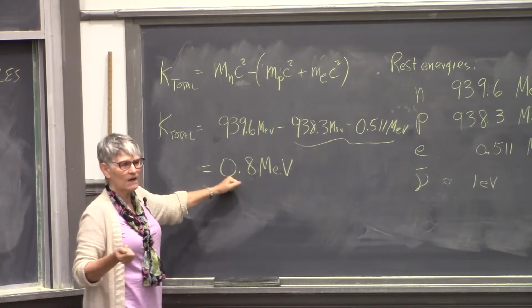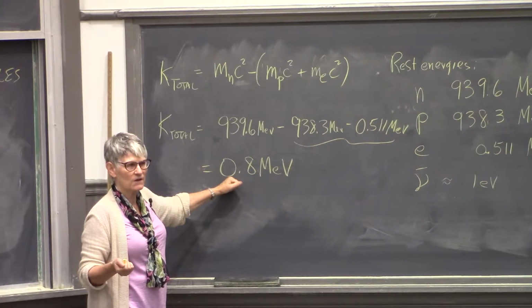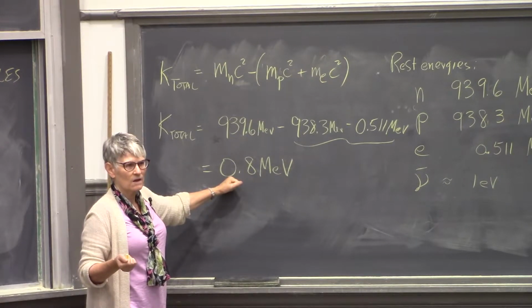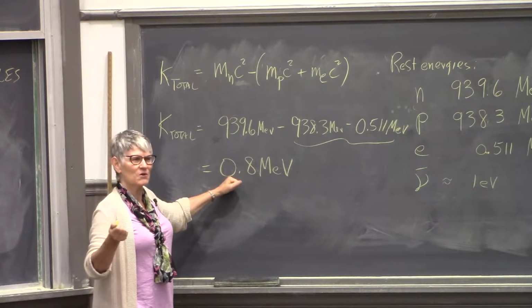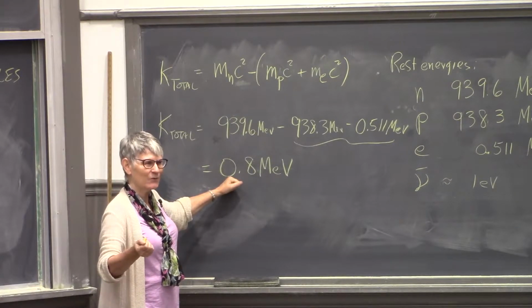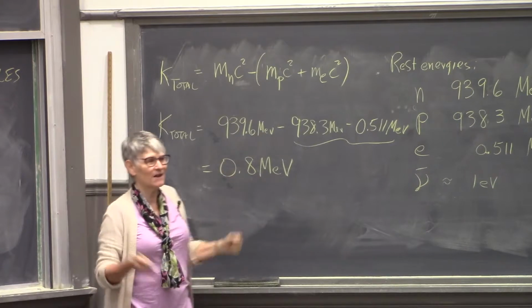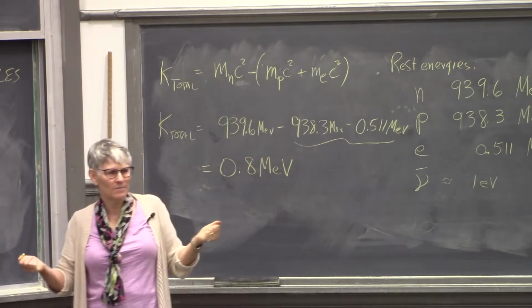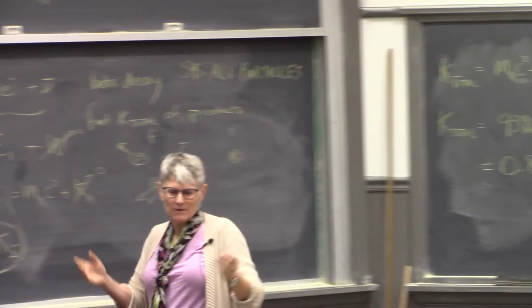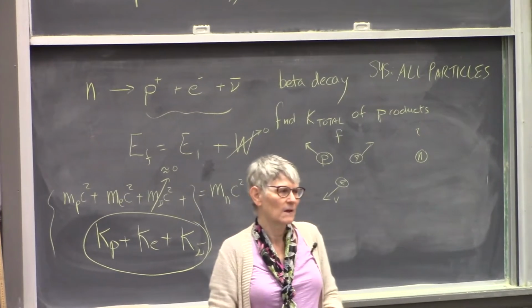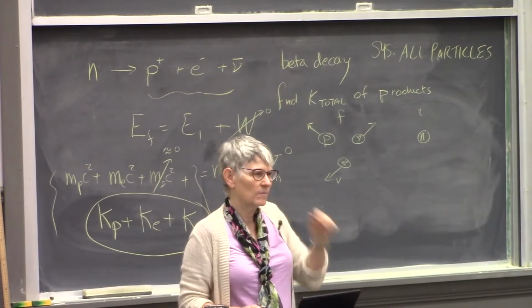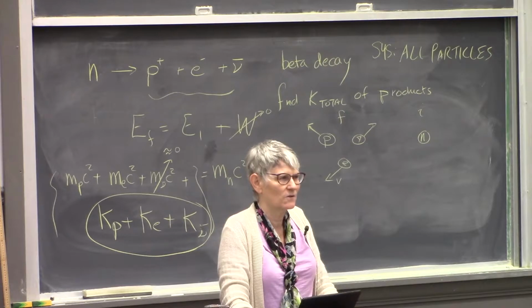It went into kinetic energy of the products. And that's E equals mc squared at work. I mean, we converted mass here to kinetic energy here. So questions about this?